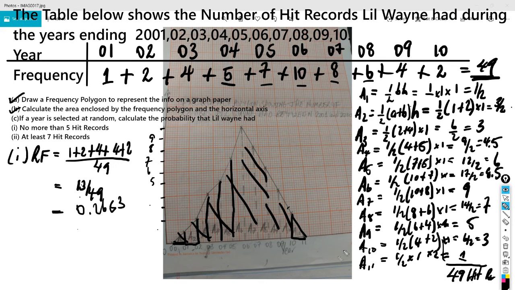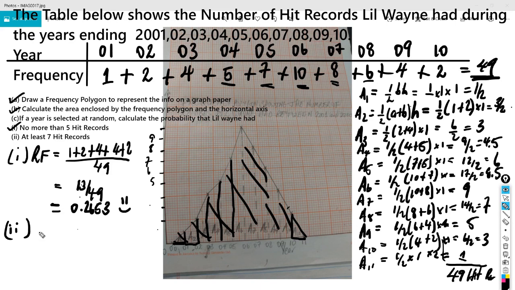That's actually the answer. All right, guys. And so the answer for the relative frequency is 0.2653. So that's no more than 5 hit records. The next one says at least 7 hit records. That's pretty high, right? So in the situation where it says at least, the 7, the 10, and the 8 are included.